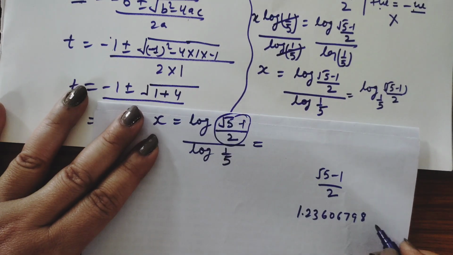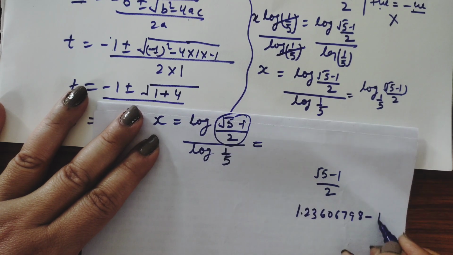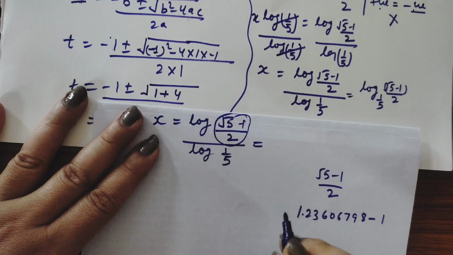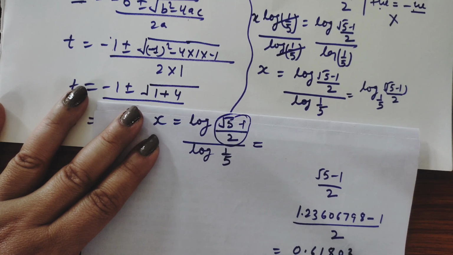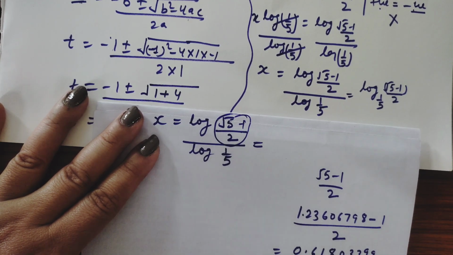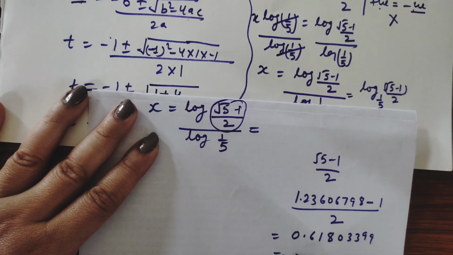You can write just 1.236 up to three digits after the decimal. Subtracting 1 and dividing by 2, you will get 0.61803399, the calculator value. Instead of this long value, we write only 0.618.